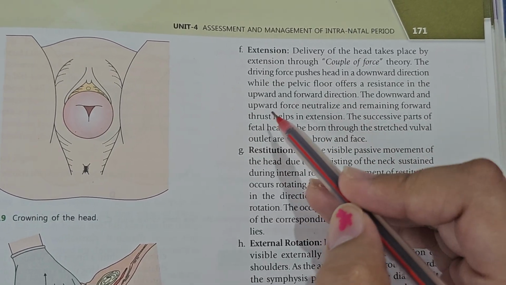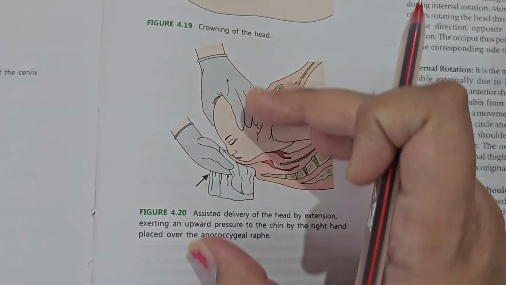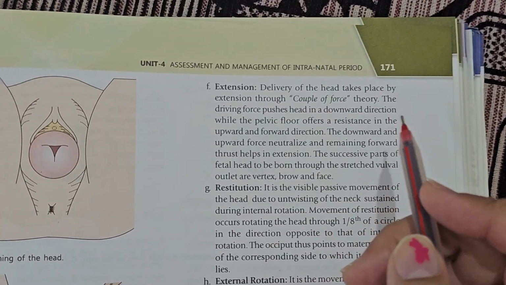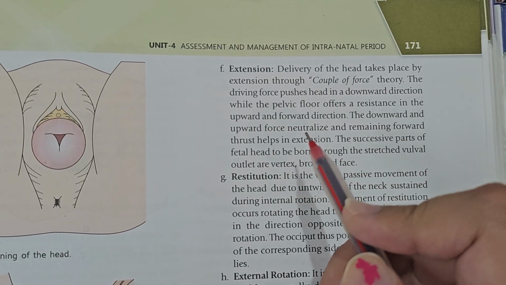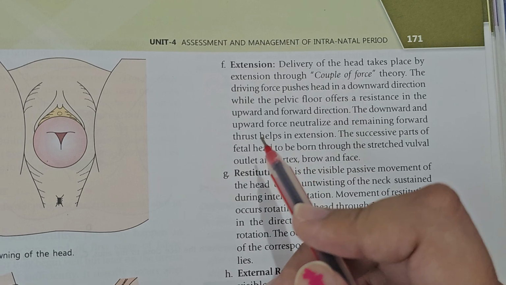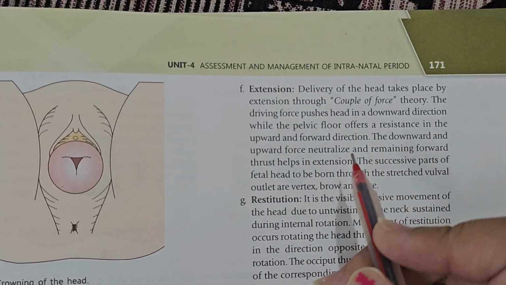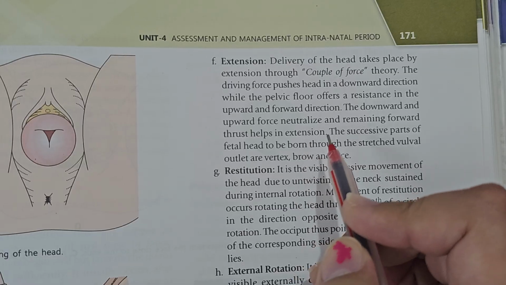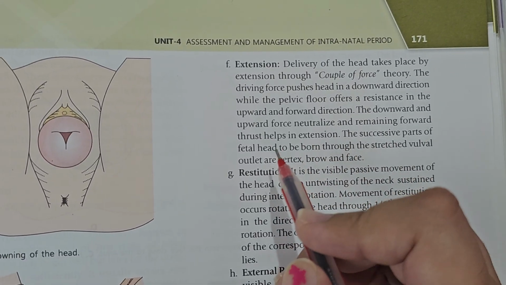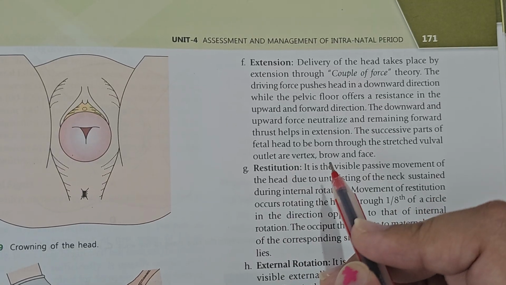The downward and upward forces neutralize, okay, this one upward, this one downward, so there is a balance, a neutral position. So the downward and upward forces neutralize and the remaining forward thrust, okay, this is a maneuver which is called thrust, helps in extension.